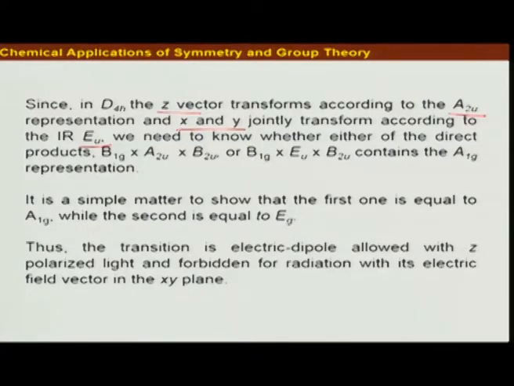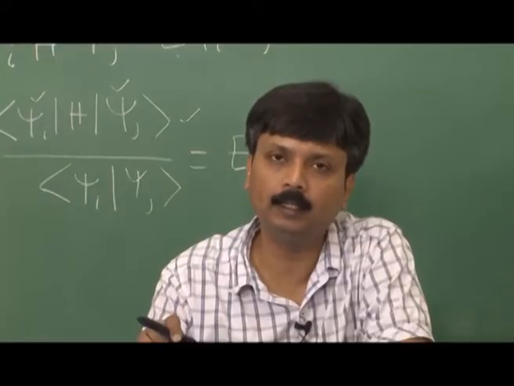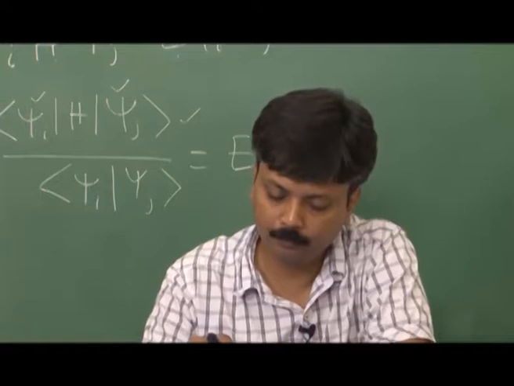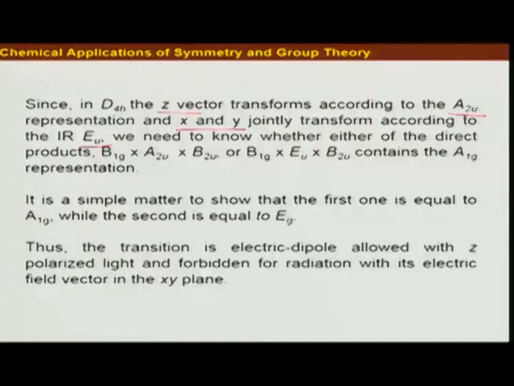So we have to replace delta and delta star by their respective irreducible representations, and also replace x, y and z by their respective irreducible representations. Then we are left with these two different cases of direct products. Whichever direct product yields the totally symmetric irreducible representation will survive.